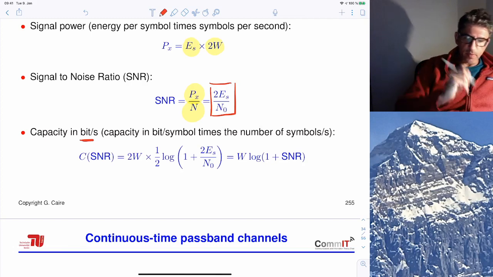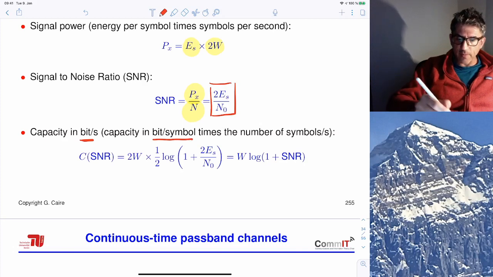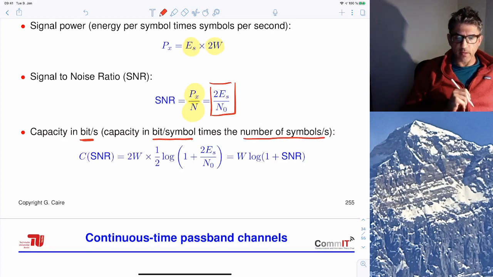So the capacity in bit per second is obtained as capacity in bit per symbol times the number of symbols per second.